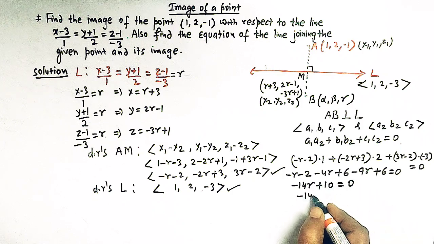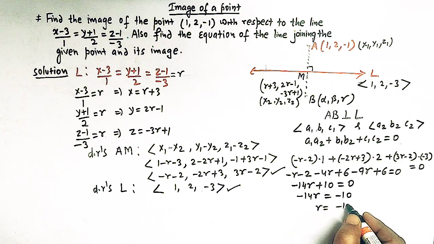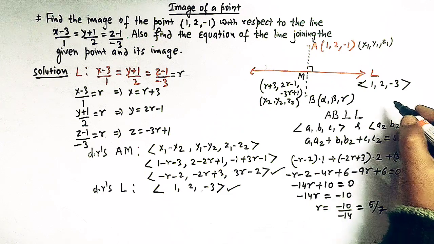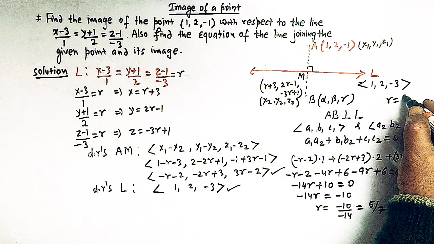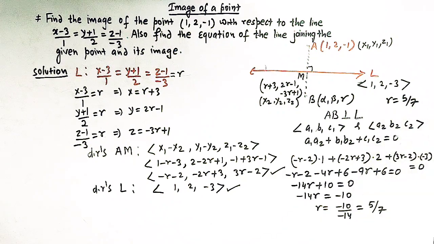So minus 14r is equal to minus 10. So r is minus 10 over minus 14. So this is 5 over 7, right? So the value of r is now equal to 5 over 7.